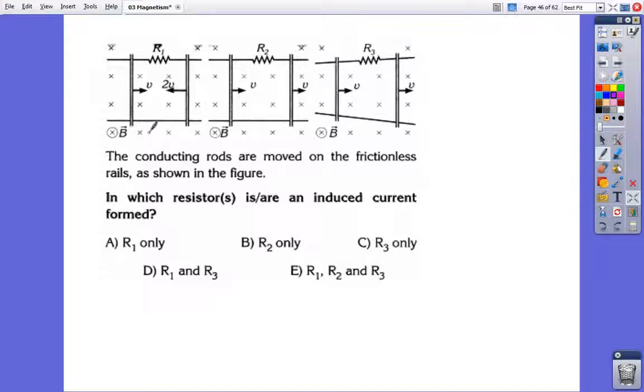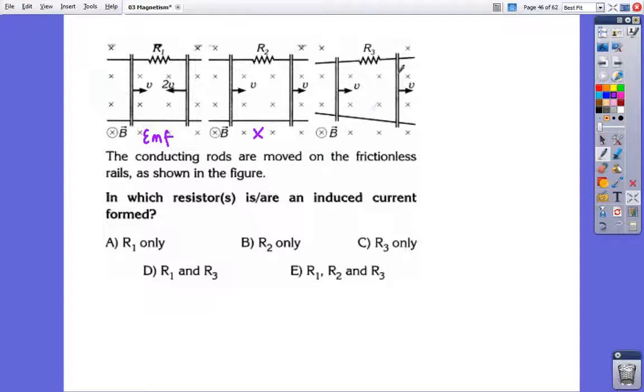created EMF, induced EMF. And then the second one, as you can see, if these two bars are moving to the right, there is no change in area, there is no change in magnetic flux, so there will not be an induced EMF.